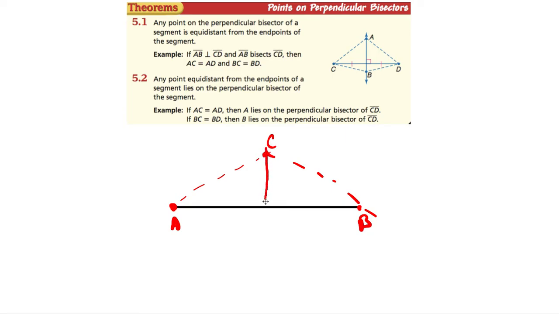If I draw a line that's perpendicular to the line segment, I don't have to do any calculations. I know that's going to cut this in half.